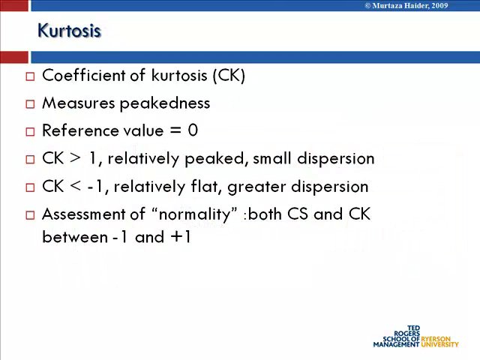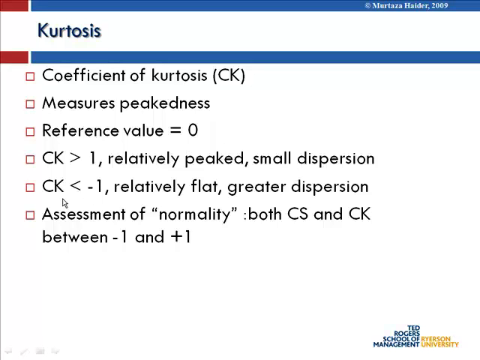And another thing is called kurtosis, and the coefficient of kurtosis is a measurement of peakedness, how peaked your data is. If you have a very high peak, then the kurtosis would be high, and the reference value is always 0. If you have a coefficient of kurtosis greater than 1, you have relatively peaked data and small dispersion.